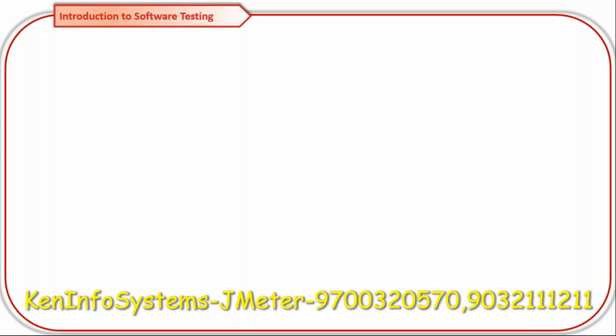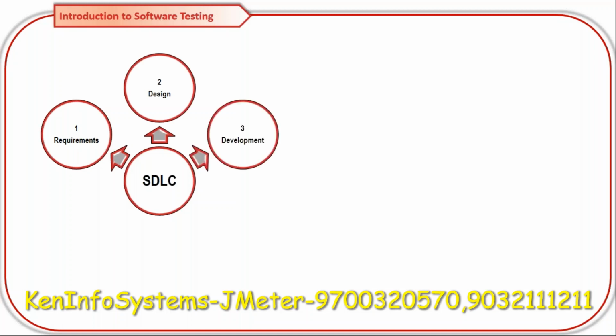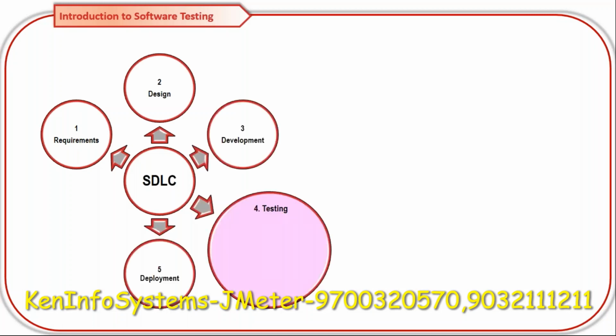Okay, so to develop any kind of software application, a standard process is to be followed, which is called the software development lifecycle, which contains various phases like requirements gathering, design, development, testing, deployment, followed by maintenance.